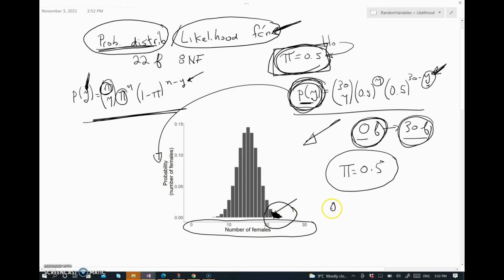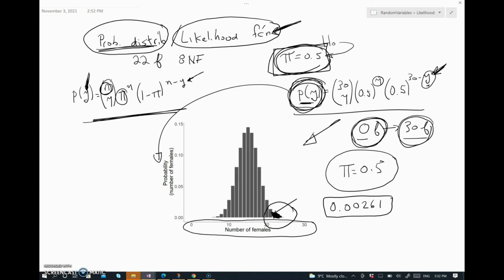And we can calculate that as equal to 0.00261. And so the typical way we do null hypothesis testing is, if we got a value this low, we would reject the null hypothesis of equal gender balance in favor of an alternative hypothesis that there were in fact more females than males.